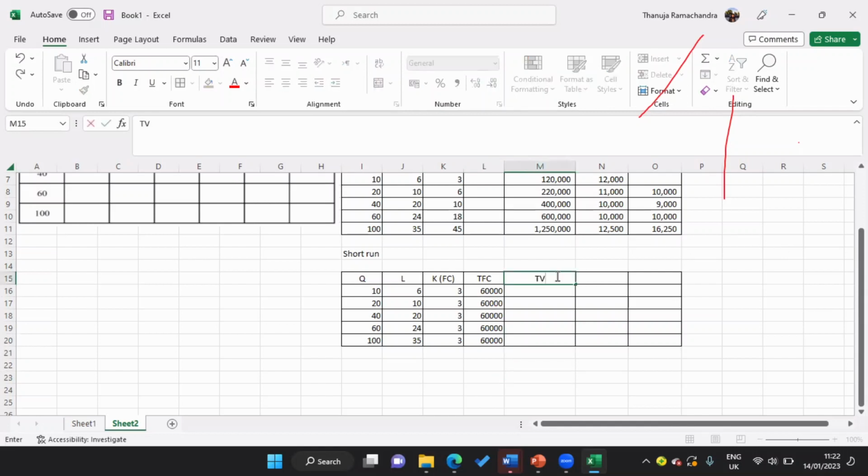And then we can calculate the variable cost. It is 6 into 10,000, labor. Okay. Then we calculate the total cost: fixed cost plus variable cost.